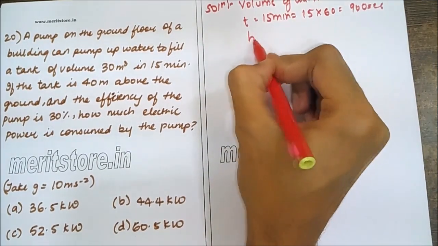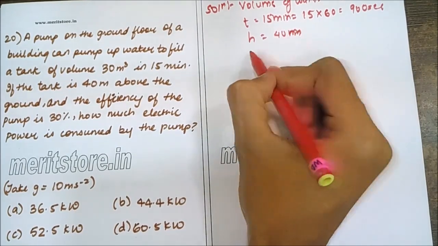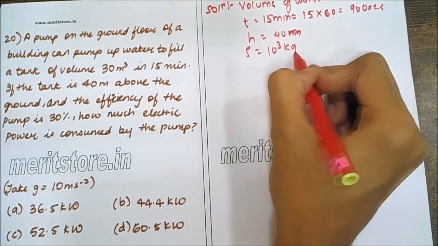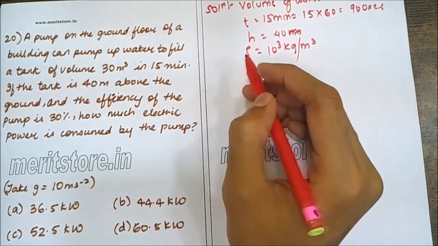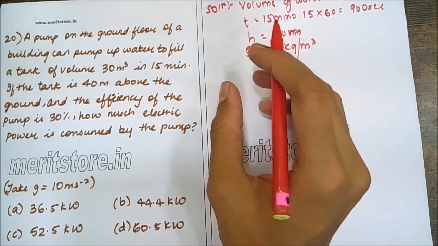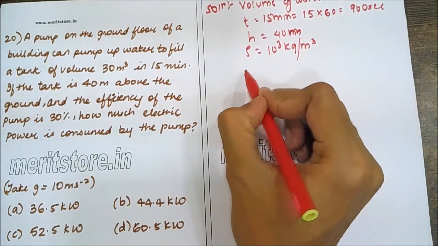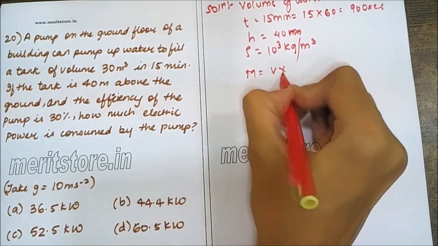Okay, next is the height, which is 40 meters. Next, the density of water is 10 to the power 3 kilogram per meter cube. Next, the mass of the water pumped is equal to volume into density.